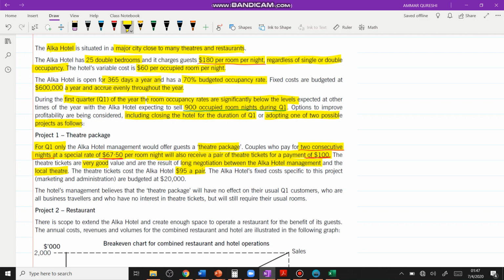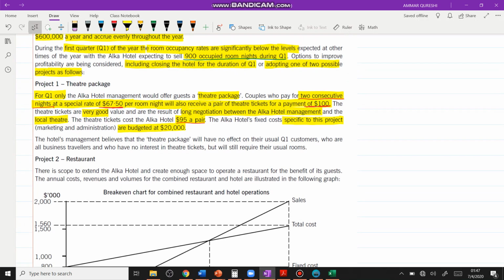So what they are selling to the customer for $100, they are getting for $95. That means they are getting around $5 benefit. The fixed cost specific to this project is budgeted to be $20,000. Now, the hotel management believes that the theater package will have no effect on their usual quarter one customers, who are all business travelers and who have no interest in theater tickets but will still require their usual rooms.